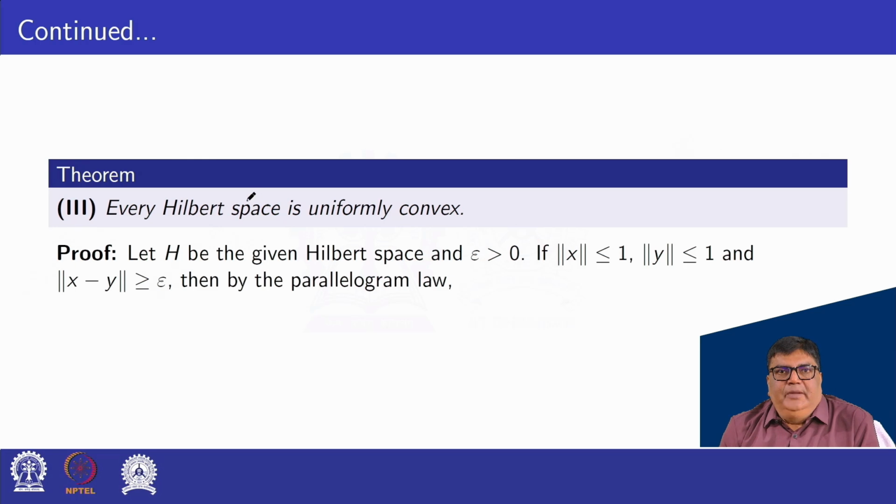Theorem: every Hilbert space is uniformly convex. Let H be the given Hilbert space and epsilon greater than 0, norm x less than or equal to 1, norm y less than or equal to 1, and norm x minus y greater than or equal to epsilon.